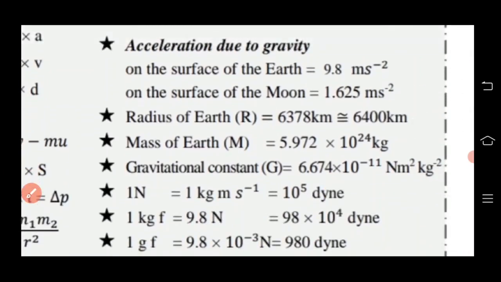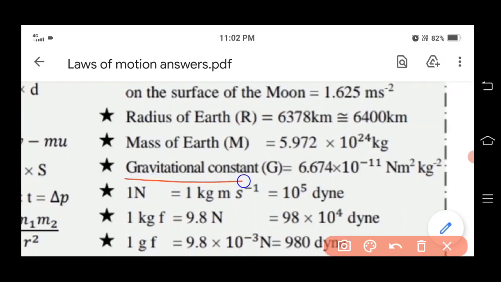And then the universal gravitational constant, capital G, is given as 6.674 × 10^-11 Newton meter square per kilogram square. And then 1 Newton equal to 1 kilogram meter per second square, which is 10^5 dyne.